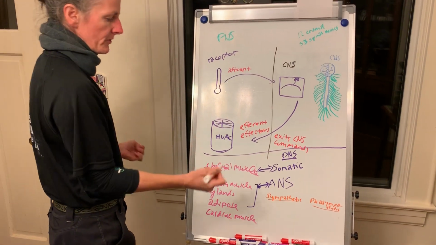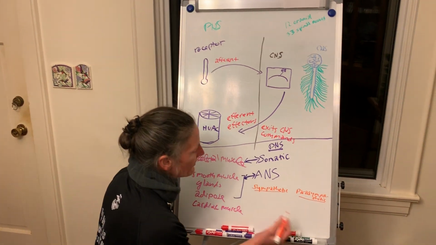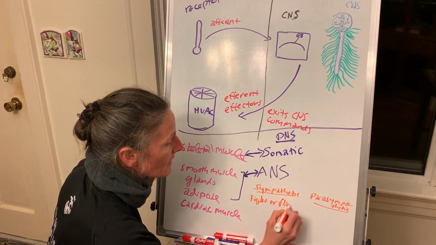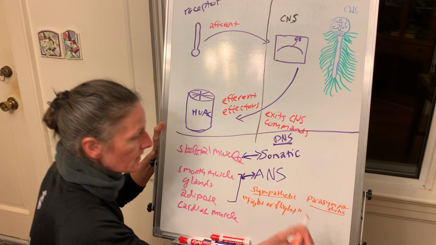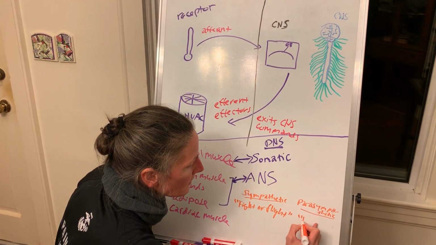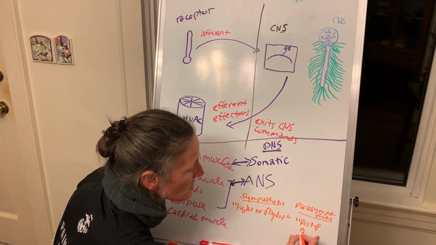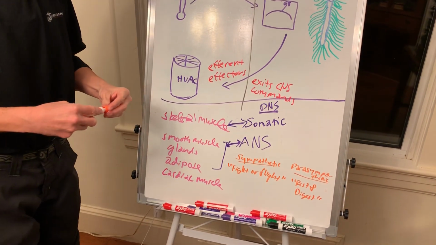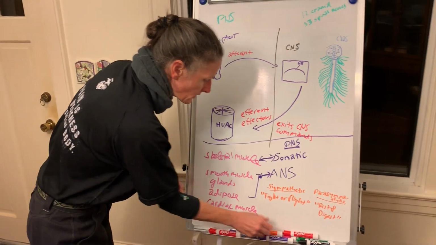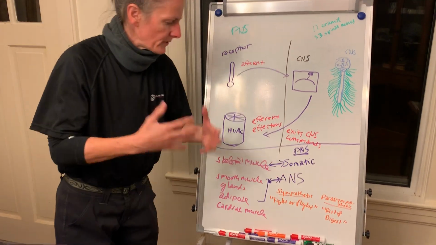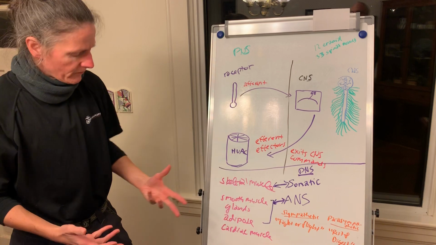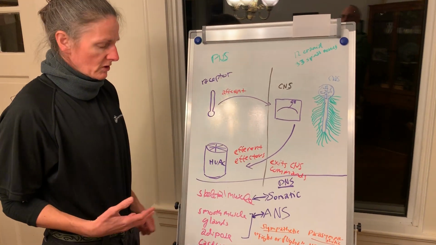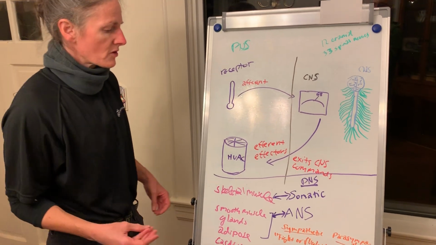And one of them, the sympathetic nervous system, is what we know as the fight or flight nervous system, because it prepares you for conflict. The parasympathetic nervous system is known as the rest and digest, because what it does is it will basically divert energy away from your skeletal muscles, away from the things that you would need when you're highly active, and basically divert those resources, blood supply and so forth, to the digestive organs and to the other organ systems.